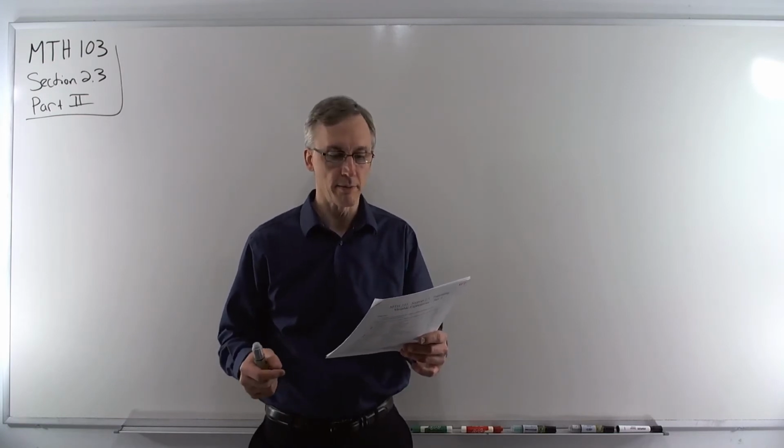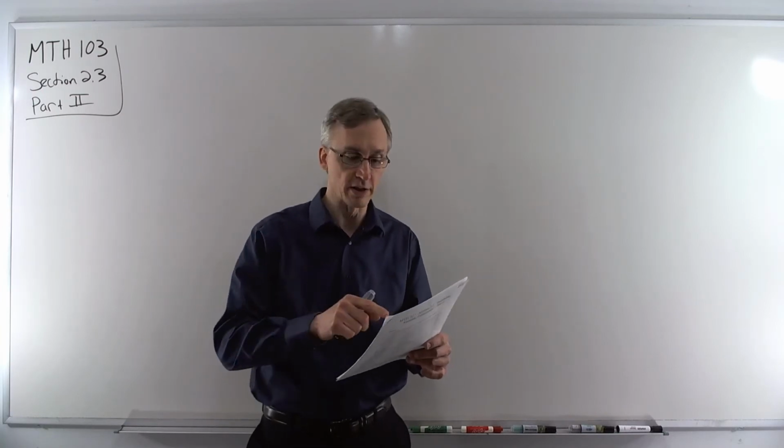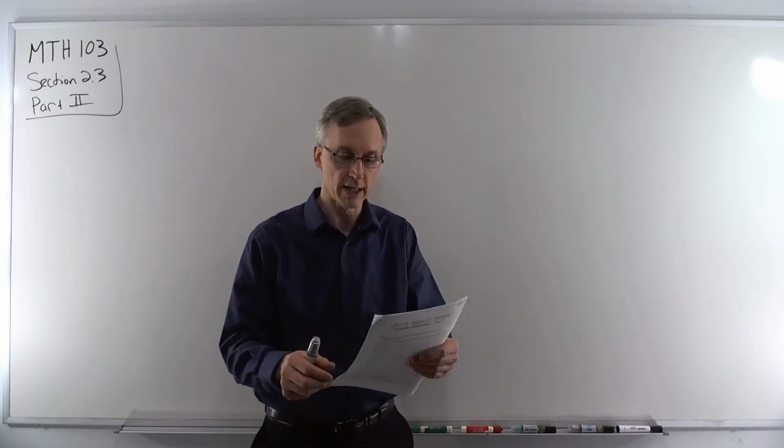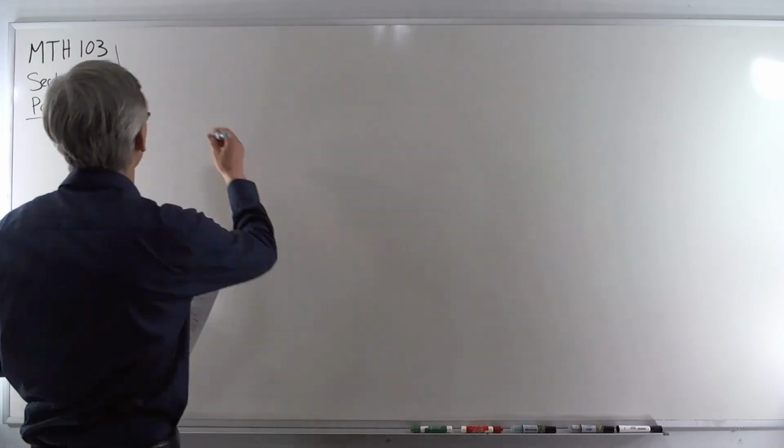Express the points per game of the Bears in terms of the points per game of the Cougars. So there's our key phrase, in terms of. And what follows that is the points per game of the Cougars. So there's our variable. I'm going to define that to be C.